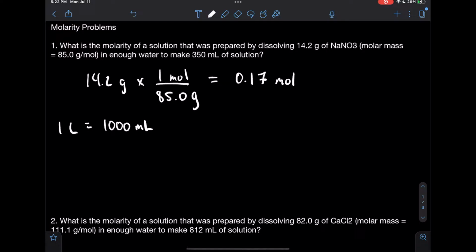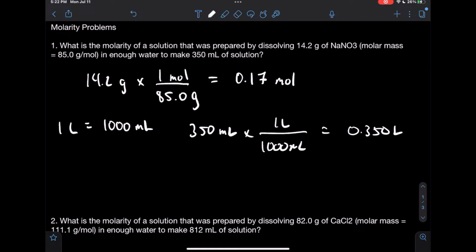So 350 milliliters is equal to 0.350 liters.